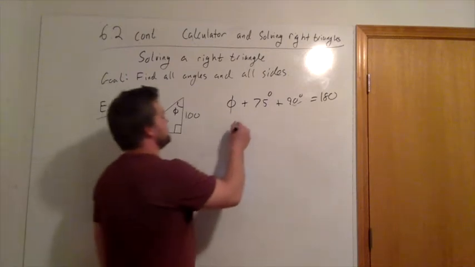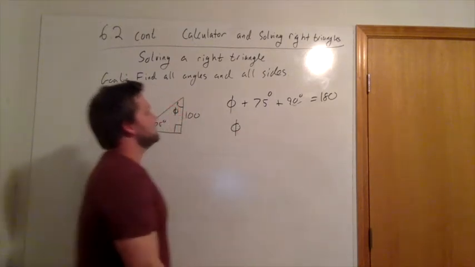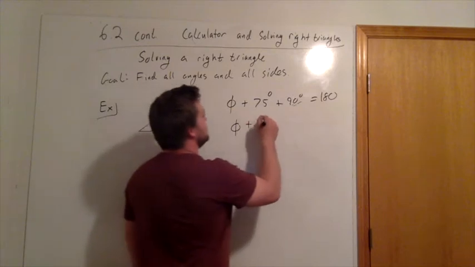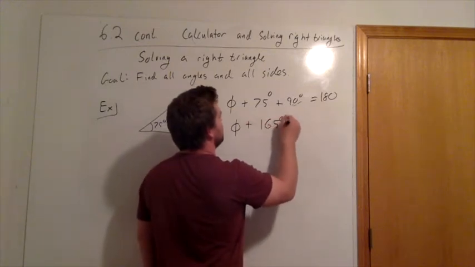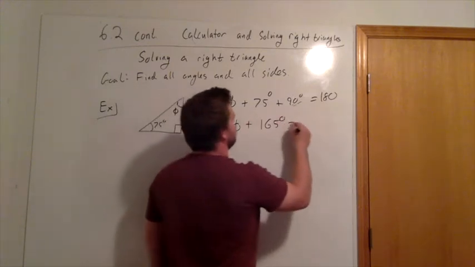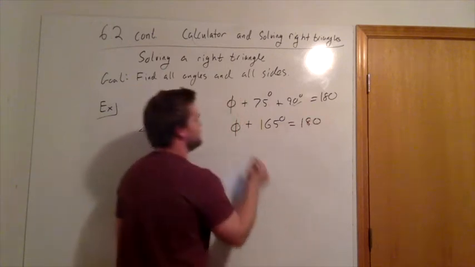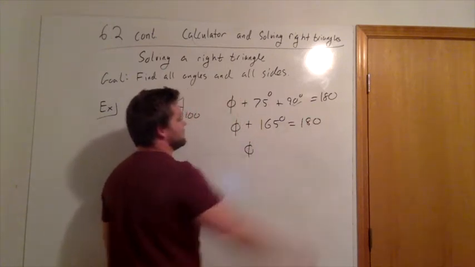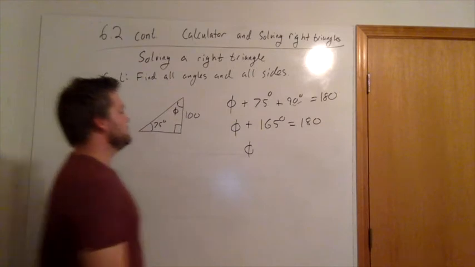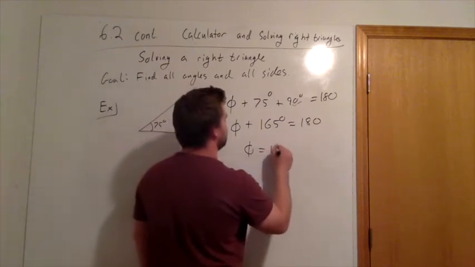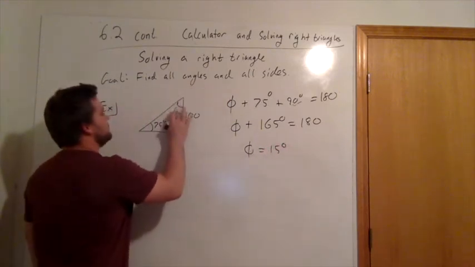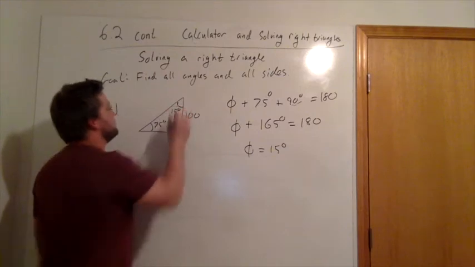So what is phi going to be? 90 and 75 make 165 degrees, so subtracting 165 from both sides, phi is going to be 15 degrees. So we know this here is 15 degrees.